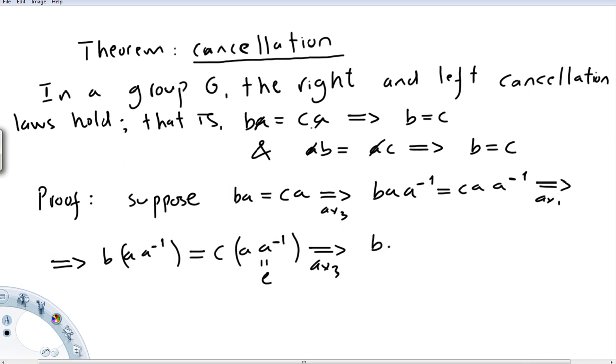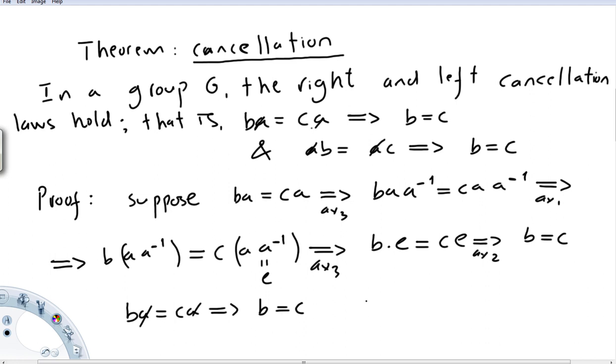So B times identity equals C times identity. Axiom 2, existence of identities, B equals C. So we supposed that BA equals CA, and through implications we got to B equals C. That's the right cancellation law, and this proves the theorem.